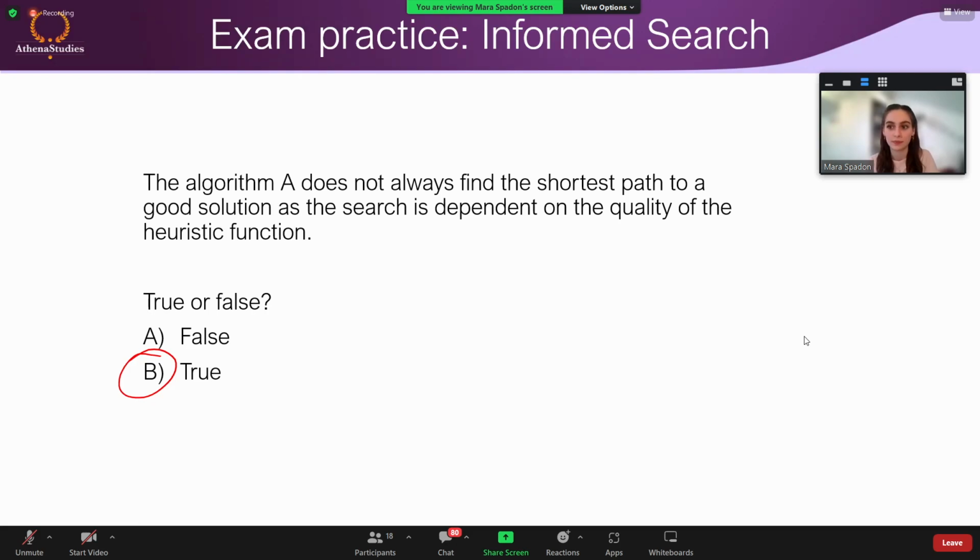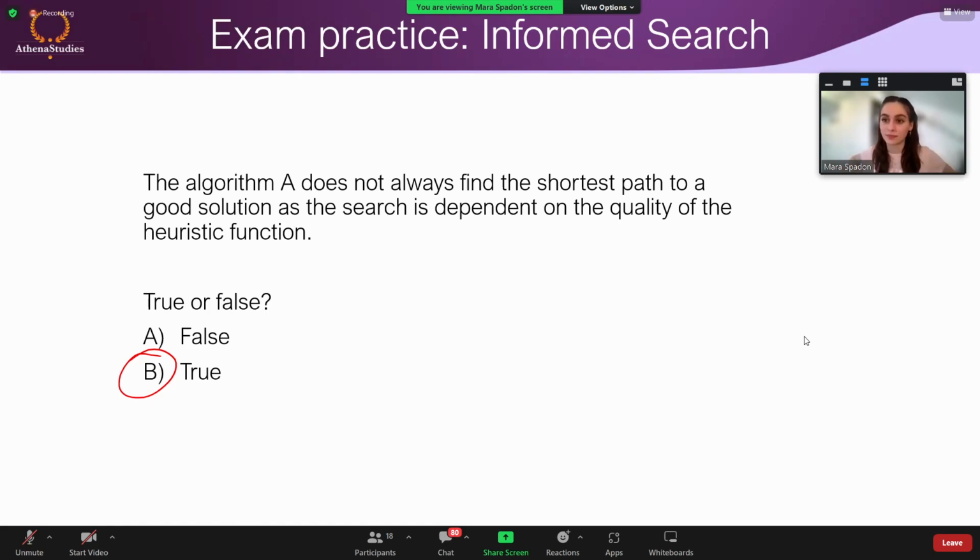Yeah, I can. So we have A and we have A star, and with the A our heuristic is just the estimate cost. So wherever we end up, it depends purely on how good our heuristic is.